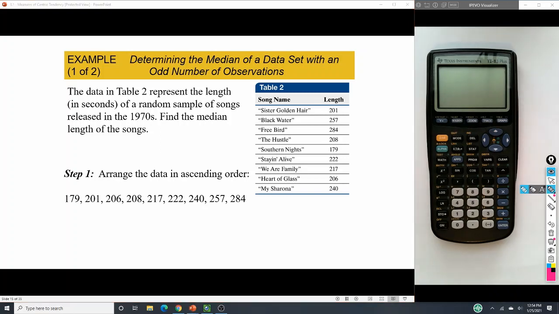So what I would do is, we're going to eliminate one of them on each end. Then we're going to eliminate again, and eliminate again. Well, there is one left, so that there is our median. So 217 would be our median in this problem, and that's how we would do that.